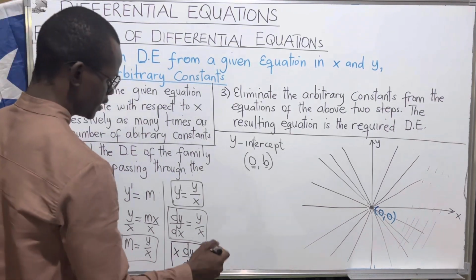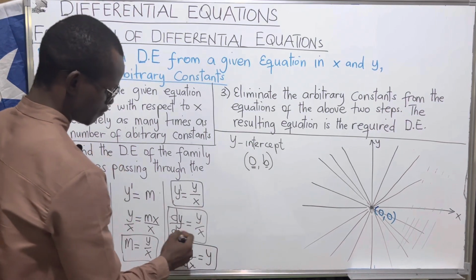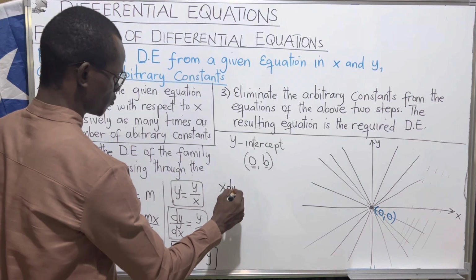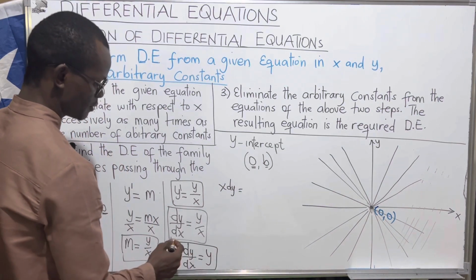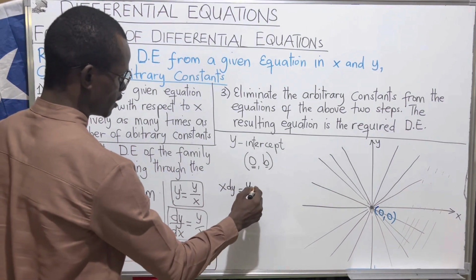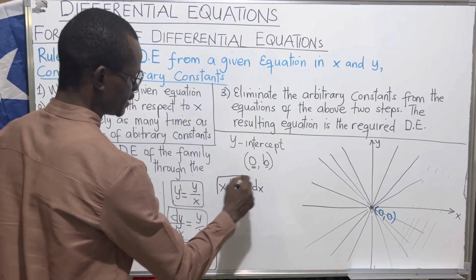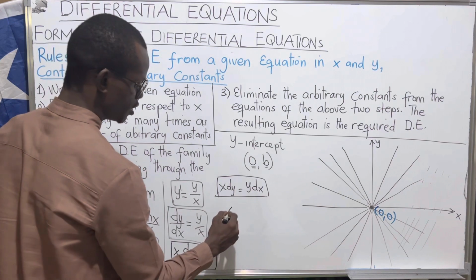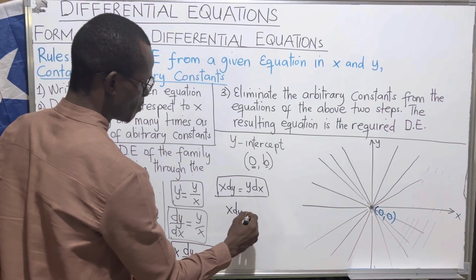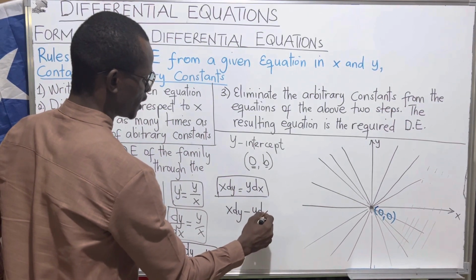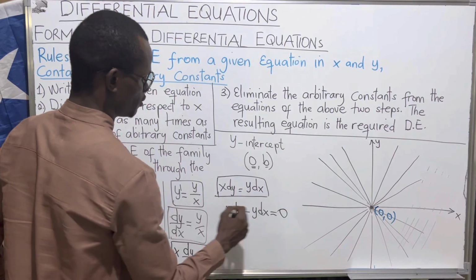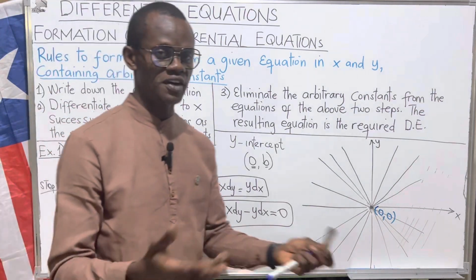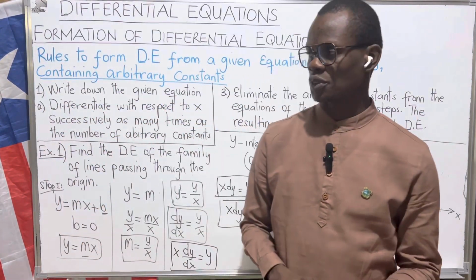Or I could cross multiply: dy times x is x dy, equals dx times y, which is y dx. Another person could say, I want to put everything on one side of the equation, so it's x dy minus y dx equals 0.